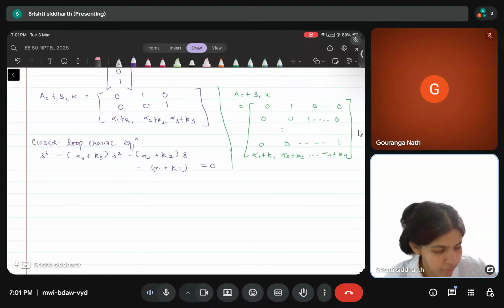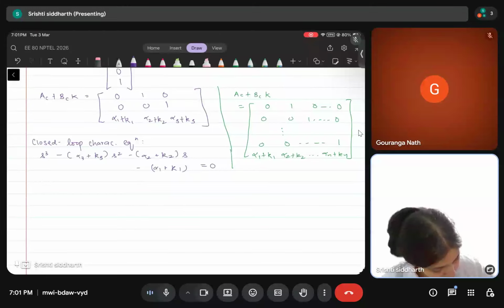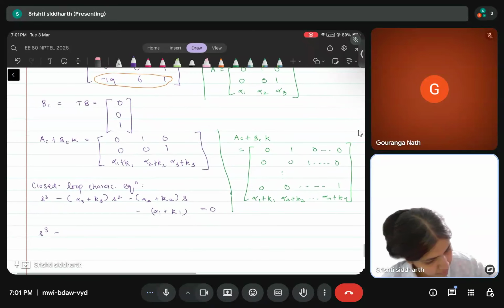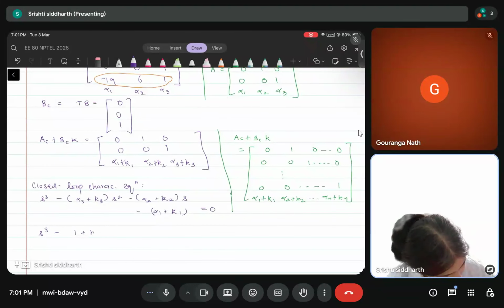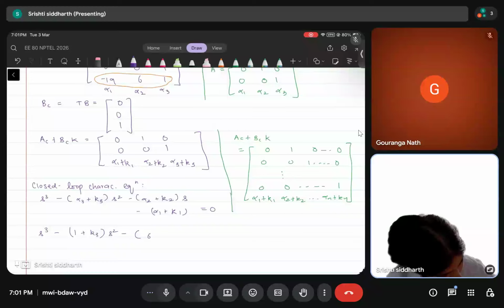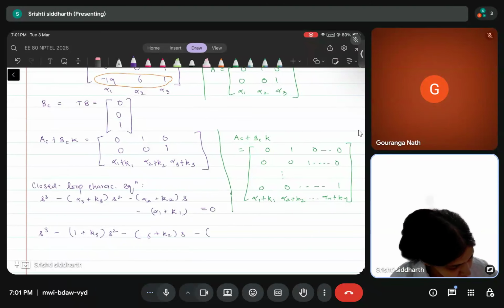We know alpha 1, alpha 2 and alpha 3, so let's substitute them. This is s cube minus 19 plus K1 equals 0.